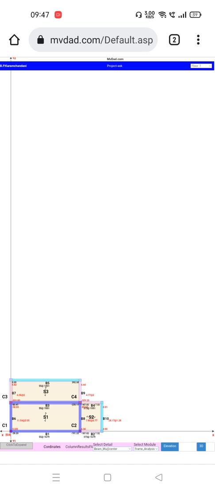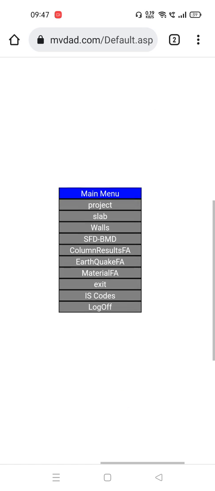Click anywhere on the screen and we will get the menu. For earthquake, we will select the earthquake submenu, and in that we will discuss.